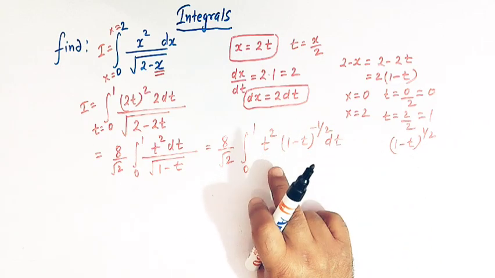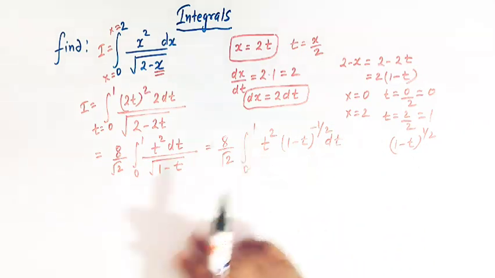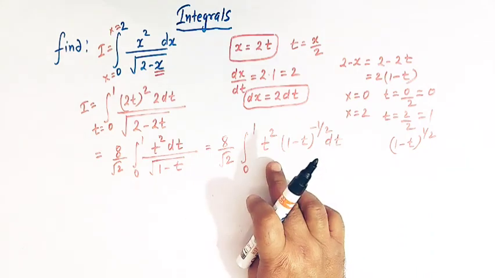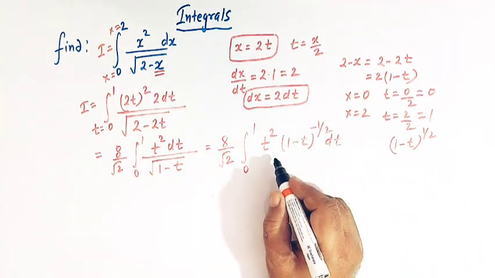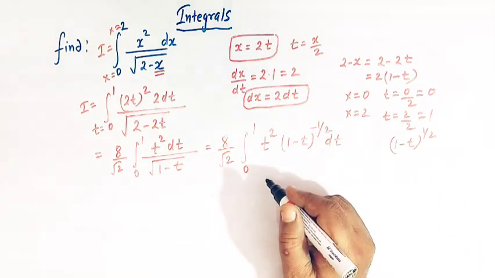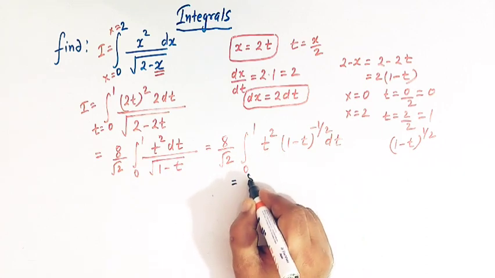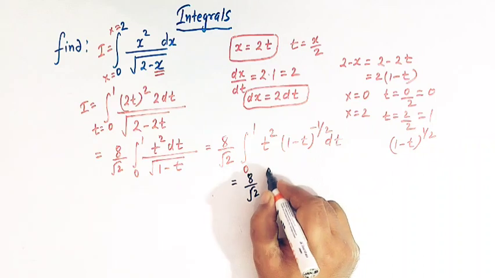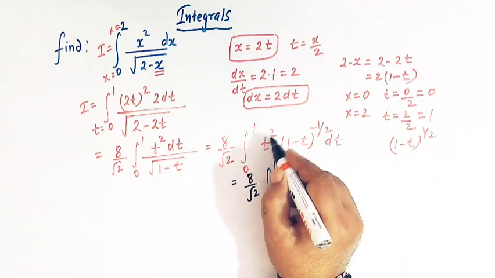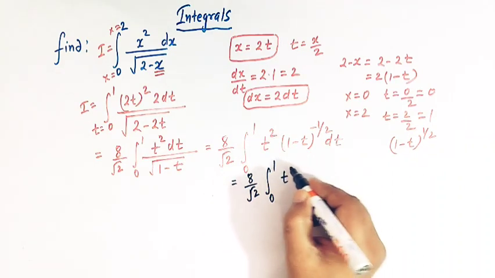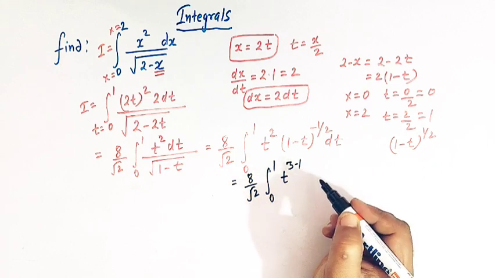So now we wish to convert this integral into the beta function, or the beta integral, which is also known as Eulerian integral of first kind. So we have 8 over square root of 2, 0 to 1. T square can be written as t raised to 3 minus 1, right?